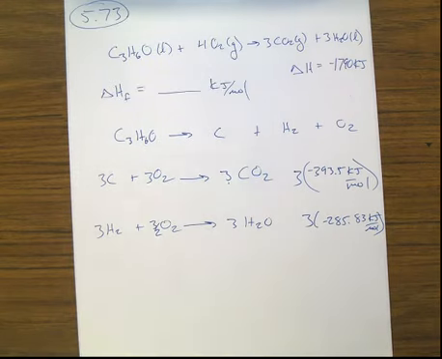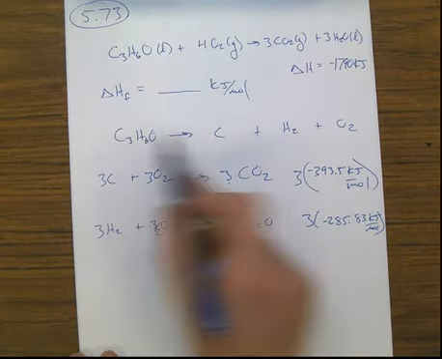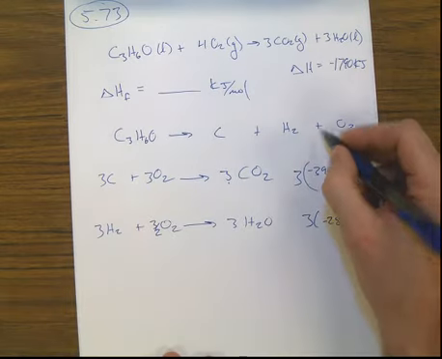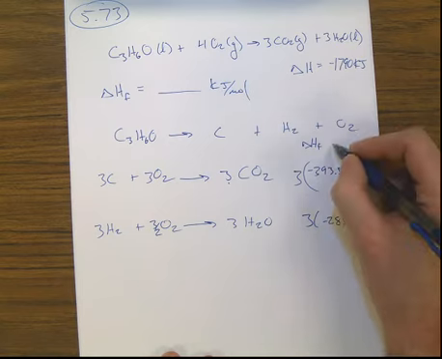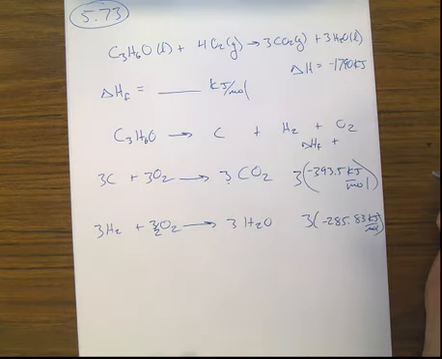Okay, now this is where we just get to some algebra. So we know that this is breaking apart, so we know that at the very least its delta H of formation is going to be positive. We know that much.